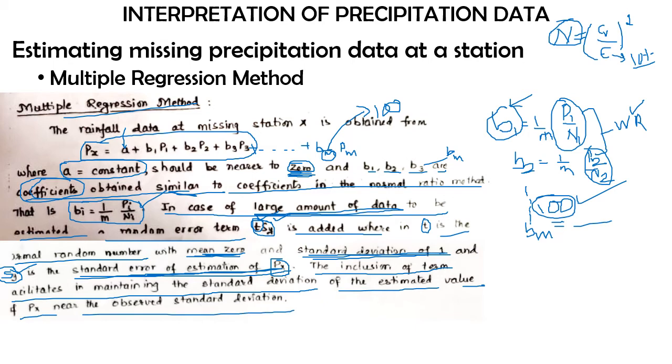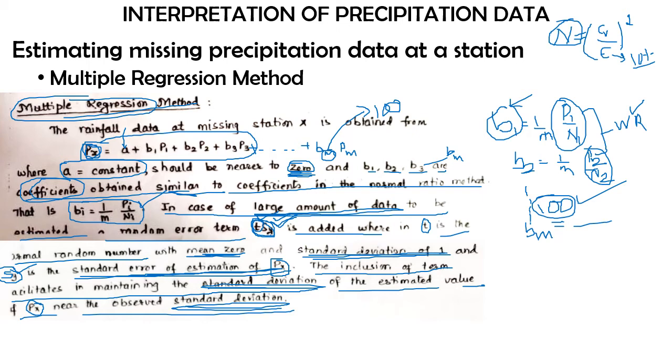That is, whenever you use multiple regression mathematical models or methods for determination of the value of Px, this TSY term will make sure that the estimated standard deviation of the value for Px is nearer to the observed or actual standard deviation. So that is the work of TSY. I hope it is clear for you.